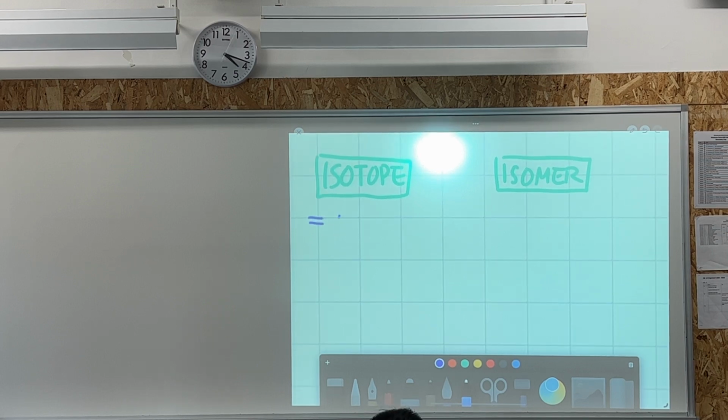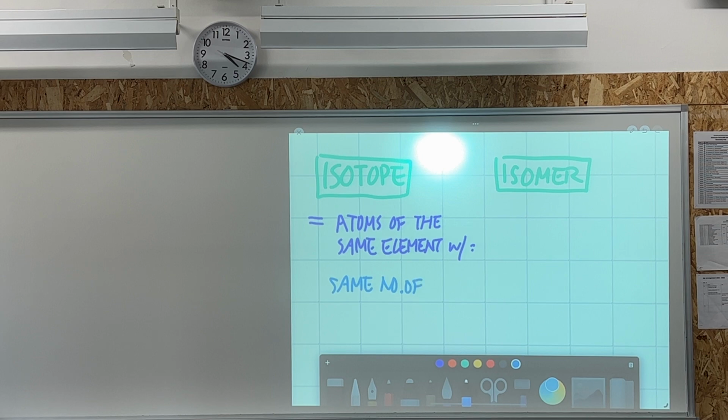Isotopes are atoms of the same element with the same number of protons, different number of neutrons. Don't say same protons. Of course, the protons are all the same. The proton from carbon is the same as the proton in nitrogen. It's the number that is different. Think of protons, electrons, and neutrons as building blocks.